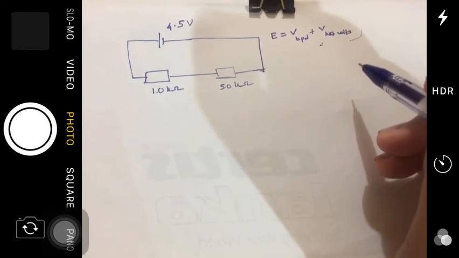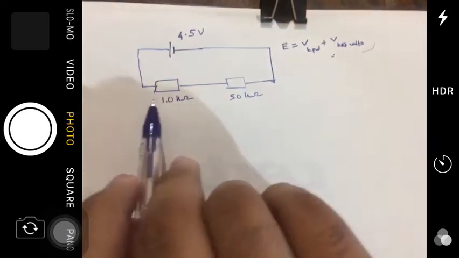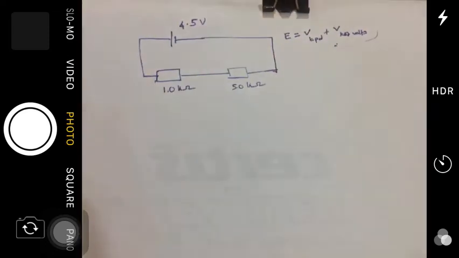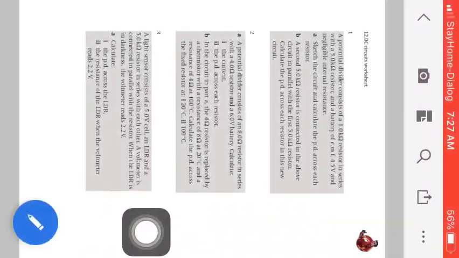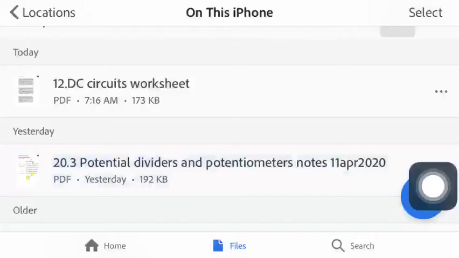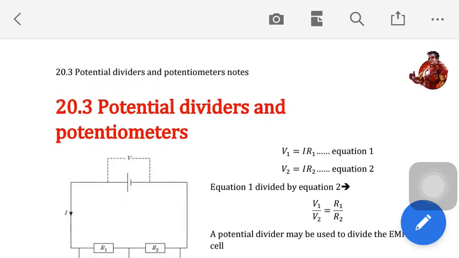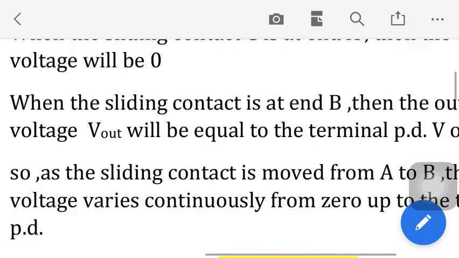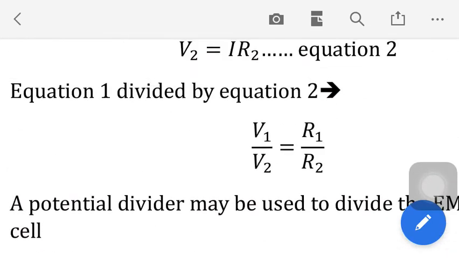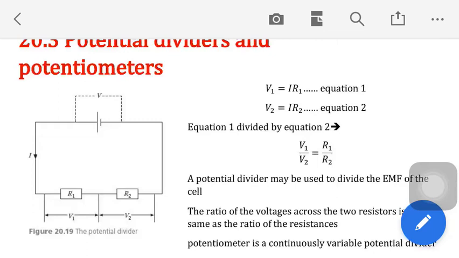So sketch the circuit and calculate the PD across each resistor. So we have a potential divider setup. We are going to apply this equation, where it says that the potential drop across the resistors will be in the ratio of their resistances.